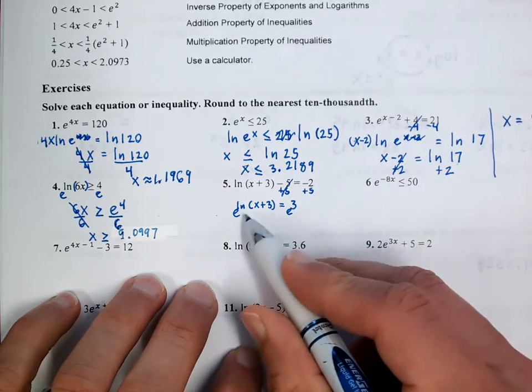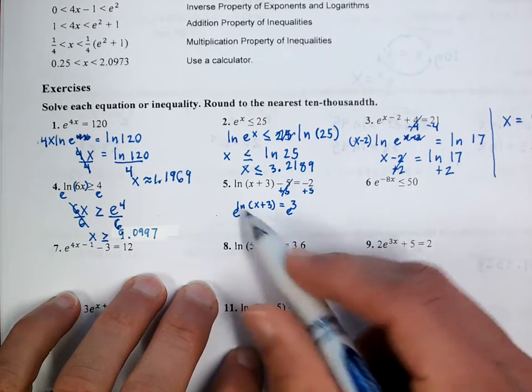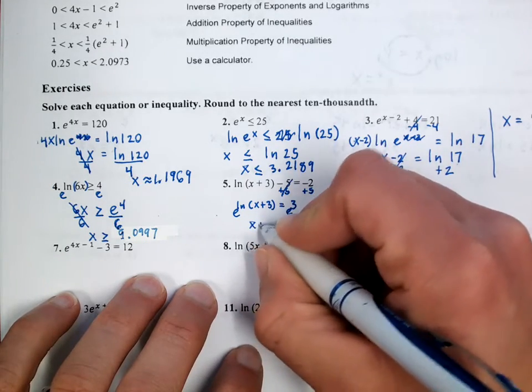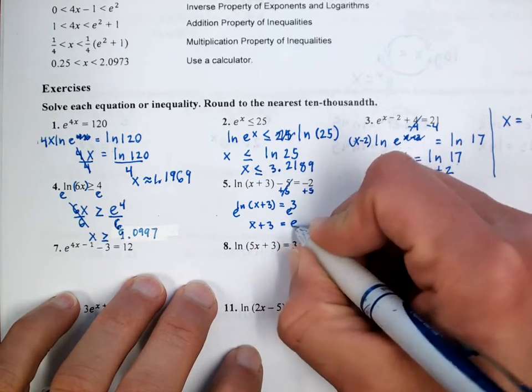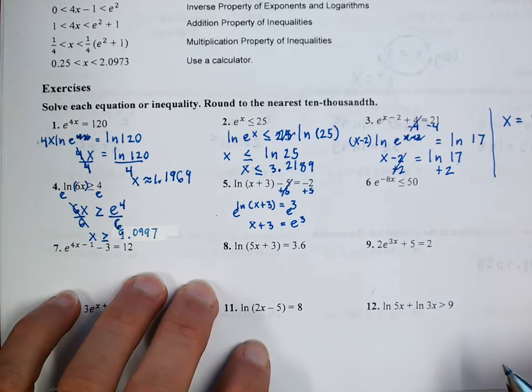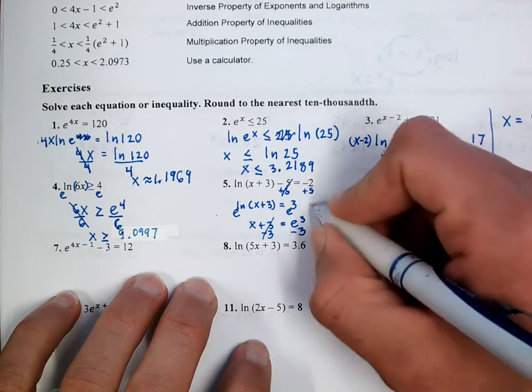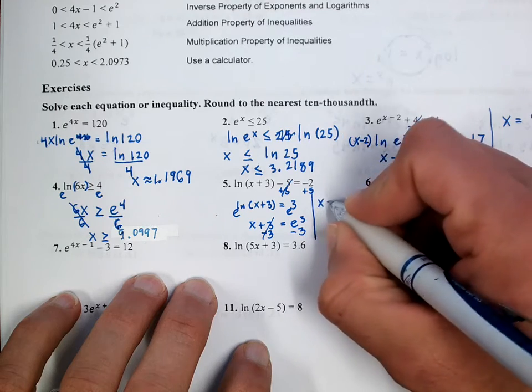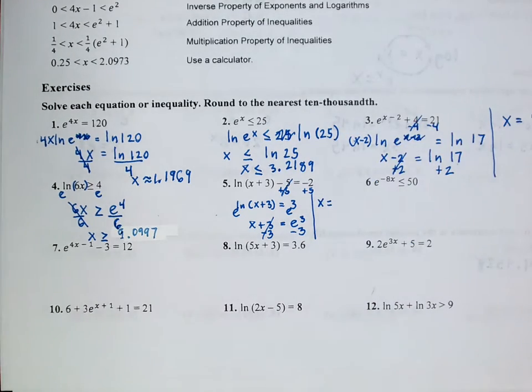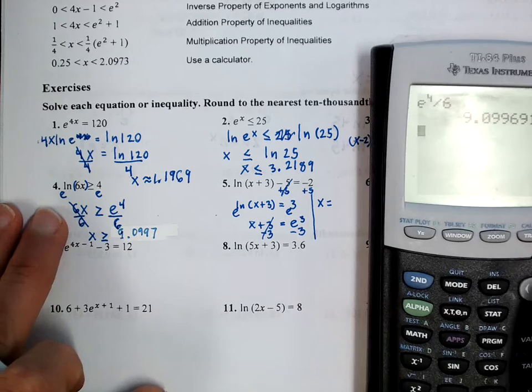The left side, e and the natural log are going to cancel out. I end up with x plus 3, and this is going to be e to the 3rd. Then I'm just going to subtract 3 from each side. So again, x is equal to e to the 3rd power.